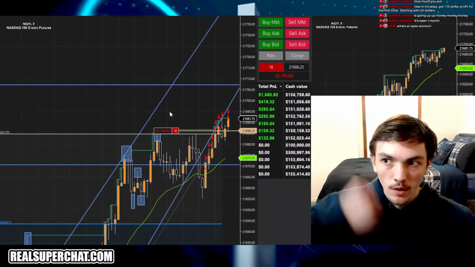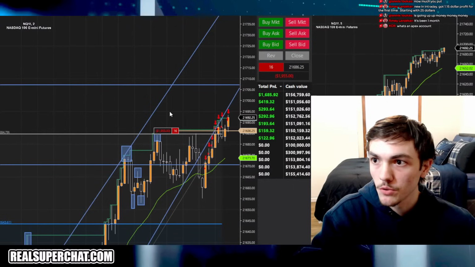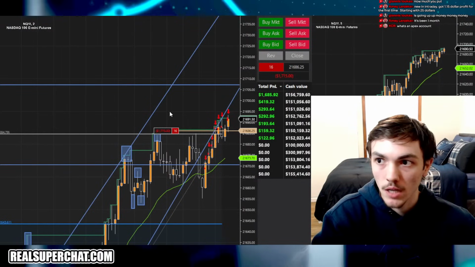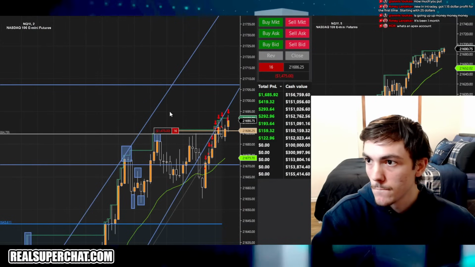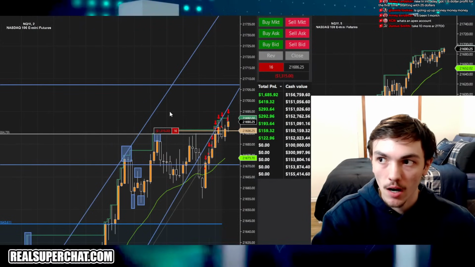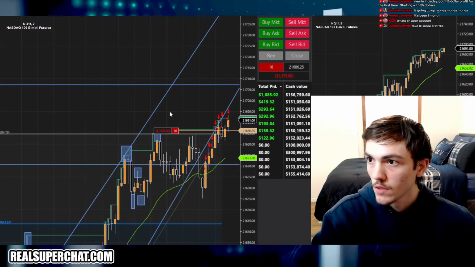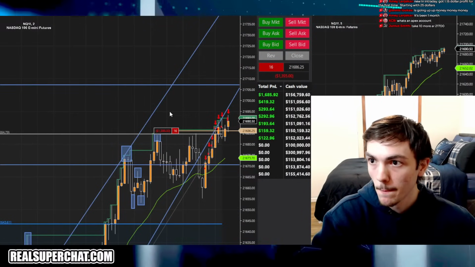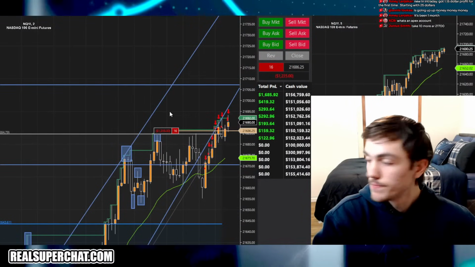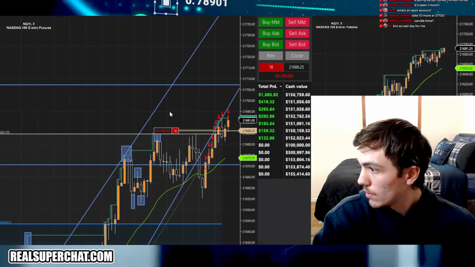Adding 2 more. And with 16 short, we can go up to 35 contracts. We're down 2,000. Looking for this to pull back. It did just create a higher high. If this spikes up, we are gone in this account. Take 10 more.